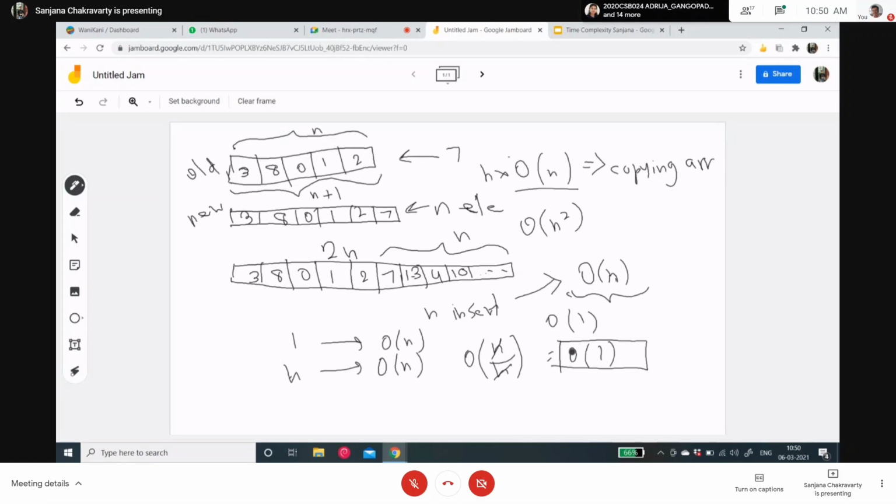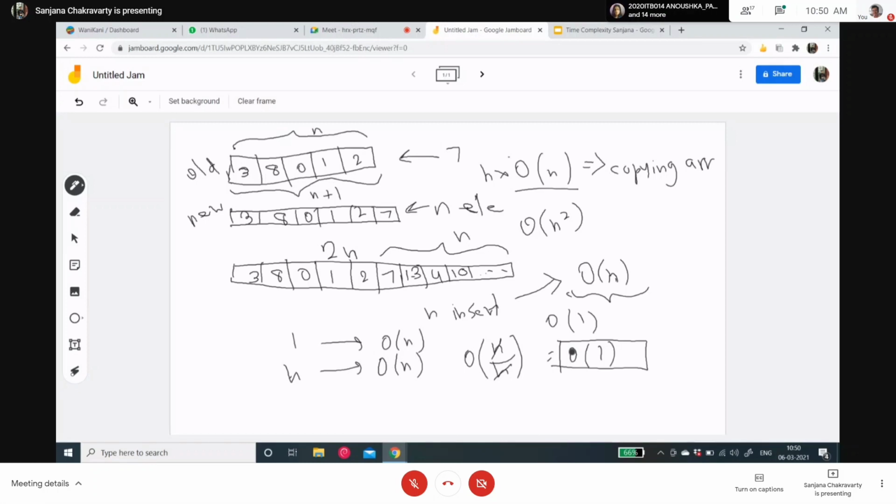What does amortized mean? Amortized means a particular operation takes a lot of time, it's very expensive only in certain situations, but for most situations it is not expensive. So we are making an overhead cost. We are anticipating that, okay, I'm going to need this space. I don't want to make this a one time operation.